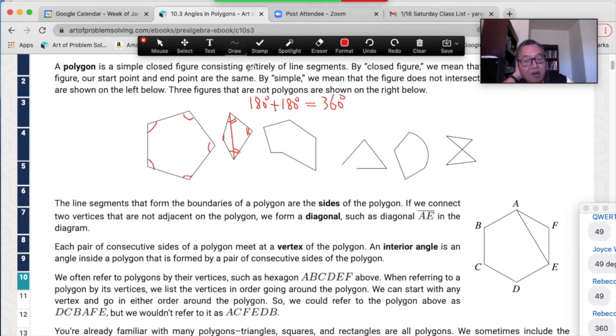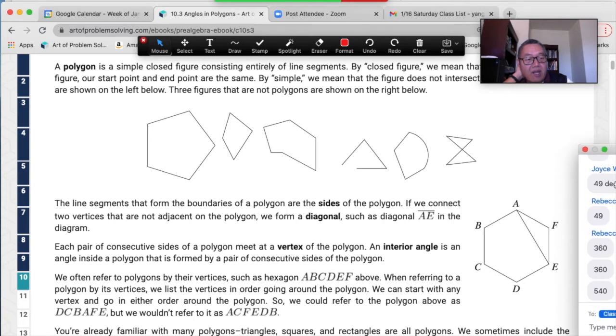The sum of interior angles in a quadrilateral is 360 degrees. Then my question is, what is the sum of interior angles in a pentagon? 5 sides. Okay, Rebecca, that's correct. Who else?